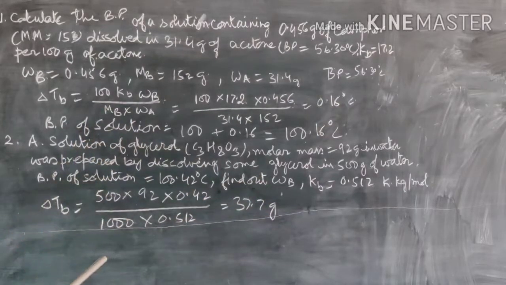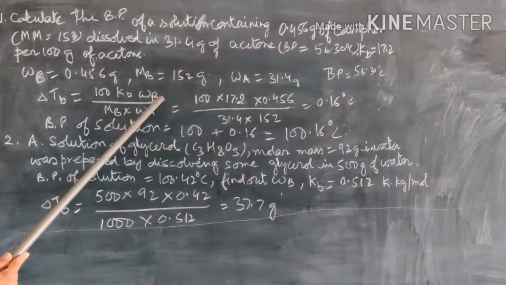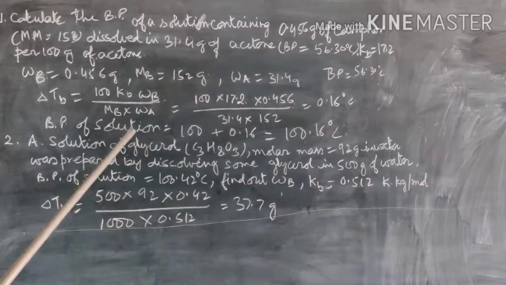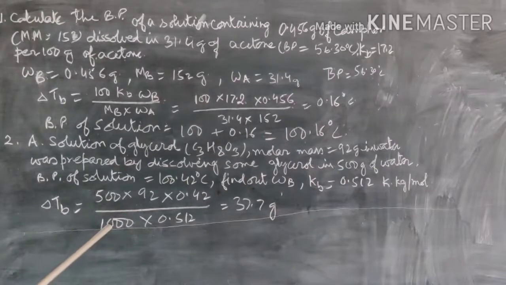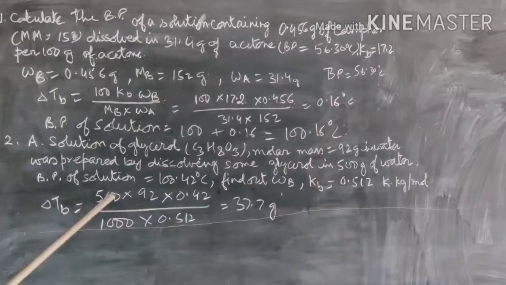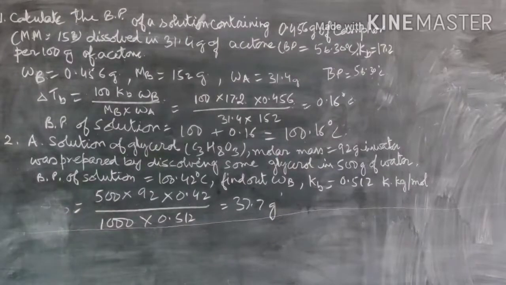Now again according to this formula, you will get delta Tb equal to Kb into Wb upon molar mass into mass of the solvent. Here you write 500 upon 1000, because you are writing the mass in kilogram.